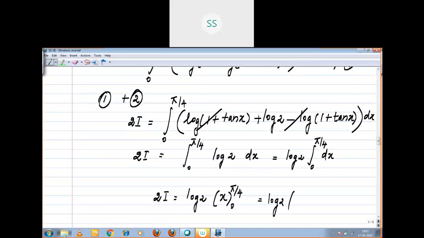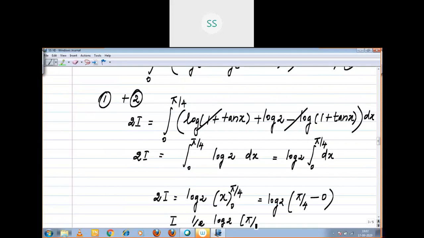See, it is negative, here it is positive, so the term vanishes. Then 2I equal to integral 0 to pi by 4 log 2 into dx.